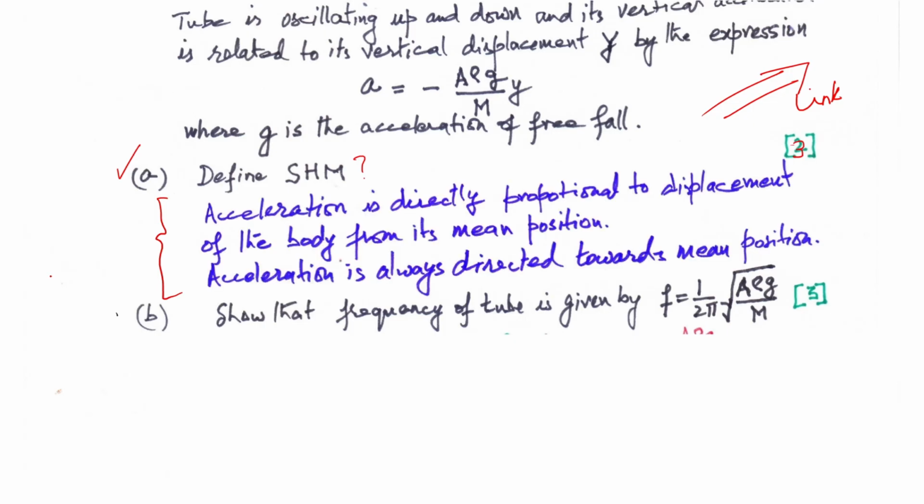Simple harmonic motion is one in which acceleration of the body performing simple harmonic motion is directly proportional to its displacement from the mean position, and the acceleration is always directed towards the mean position.